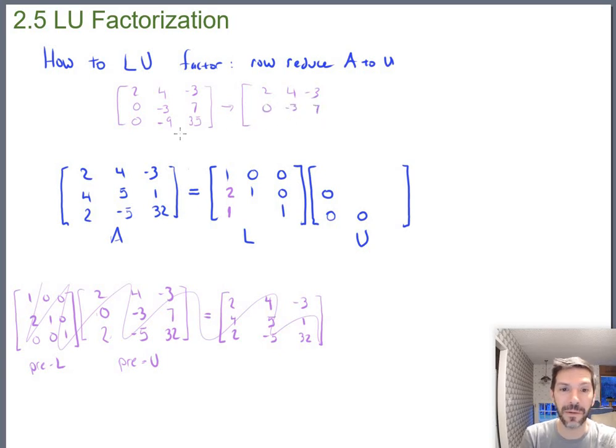The final step of row reduction would be to add -3 of row 2 to row 3. Since I'm adding -3 of row 2 to row 3, I'm going to end up putting +3 there. Let me finish. That would be 0, 0, -3 times 7 is -21, plus 35 is 14.